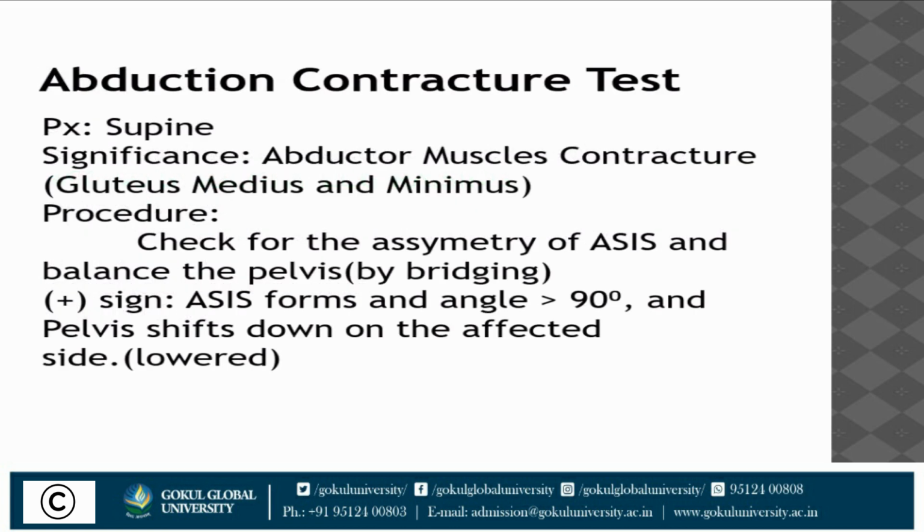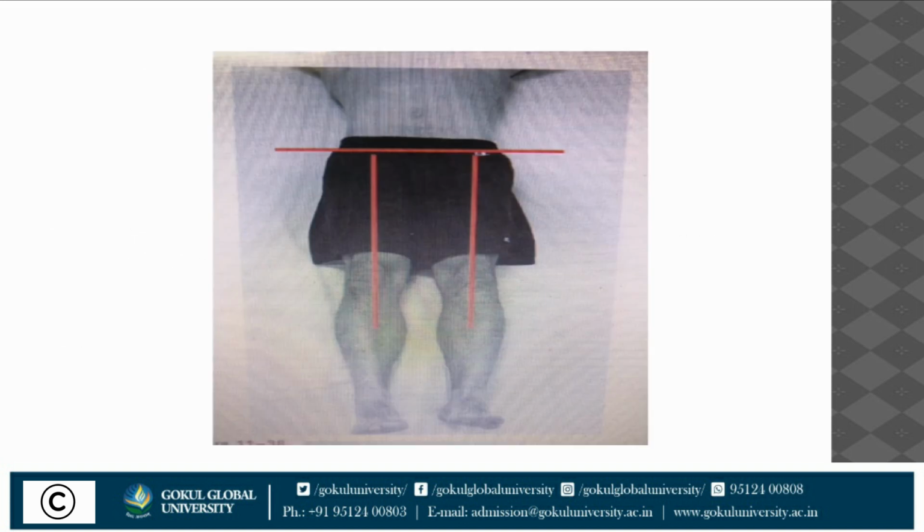So first we will see abduction contracture test. Patient position is supine lying. Significance: as test name suggests, abductor muscle contracture, that is gluteus medius or minimus. Procedure: check for the asymmetry of both the ASIS, and balance the pelvis. So we have to ask the patient to do the bridging.